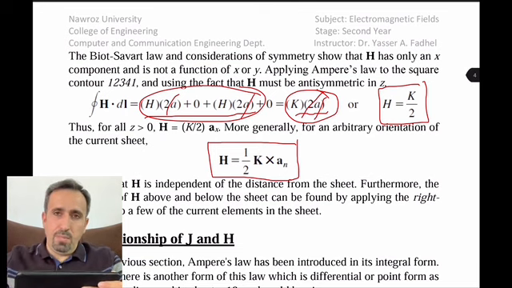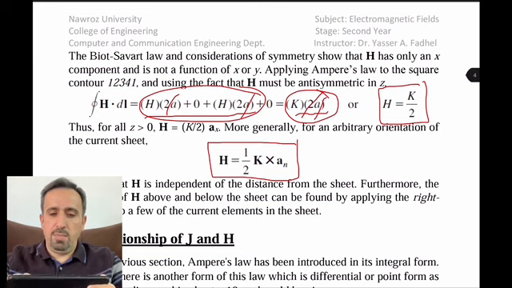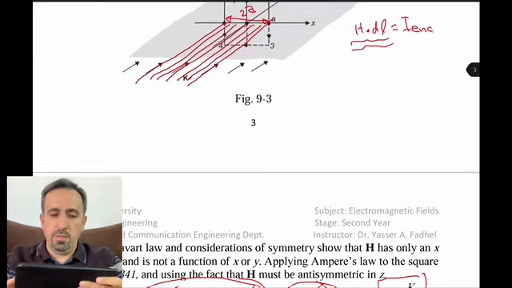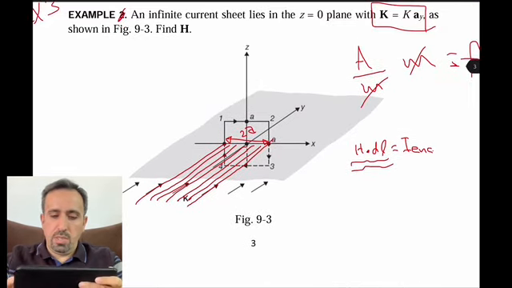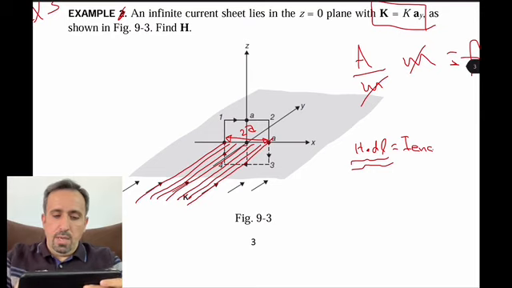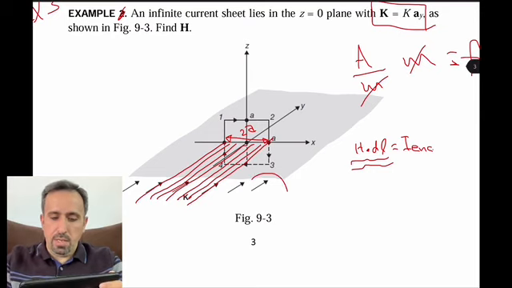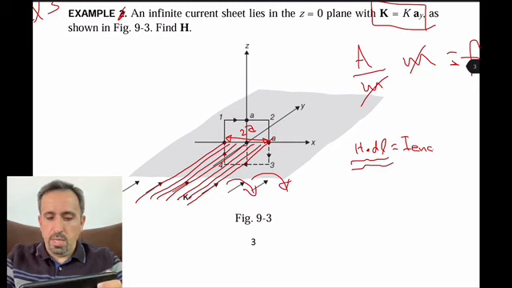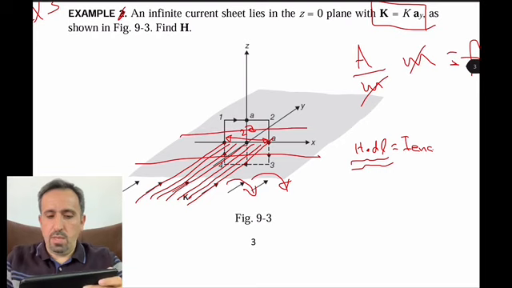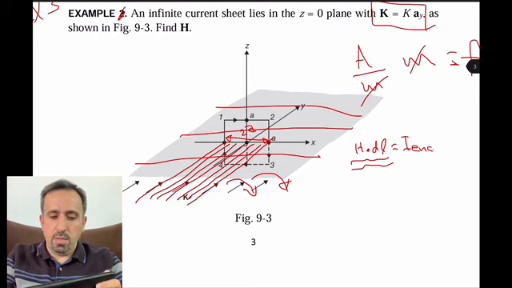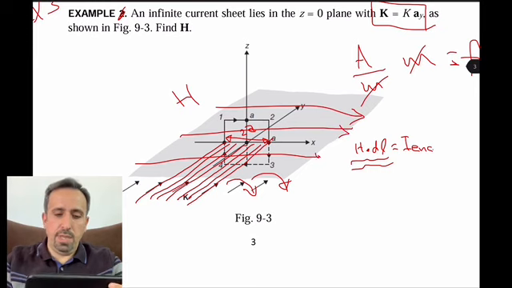For this example, if we get back to what we discussed here, previously we said that here you will have rings like that, so all of these rings together will be forming the direction for the magnetic field intensity.